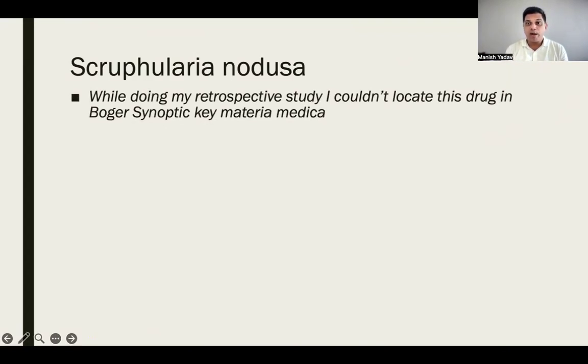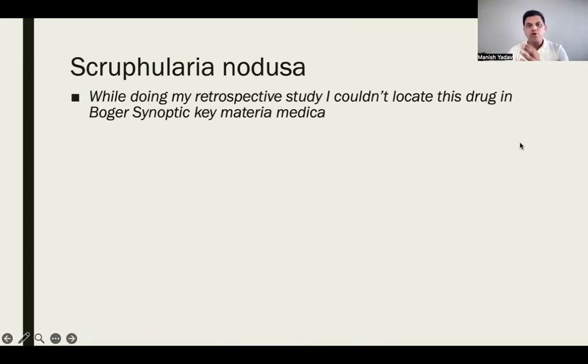But the question is how and why? While doing my retrospective study, this is also interesting again, I could not locate this drug in Boger synoptic key. Again strange. Now, this is a case which I got from Shashikant Tiwari's book. He's talking about Boger, but I could not find this remedy, Scrofula nodosa, itself.